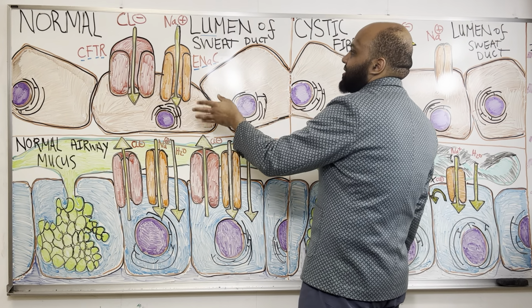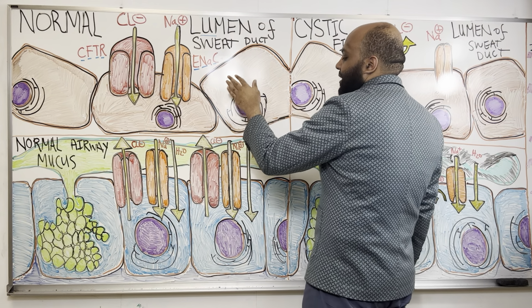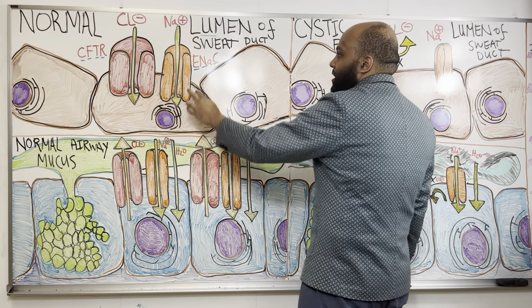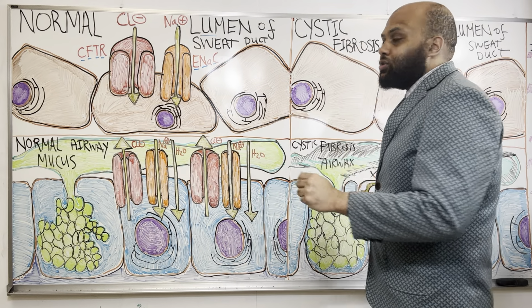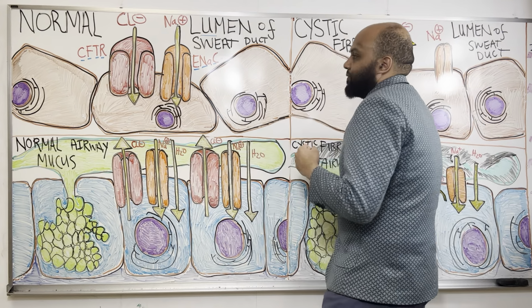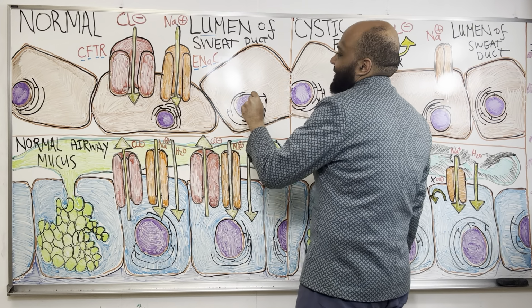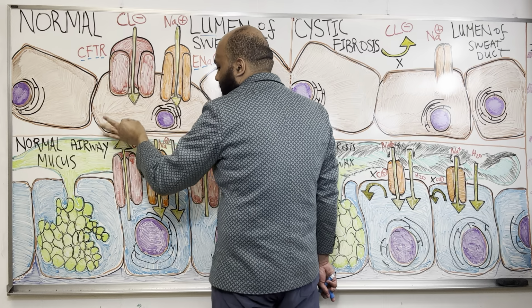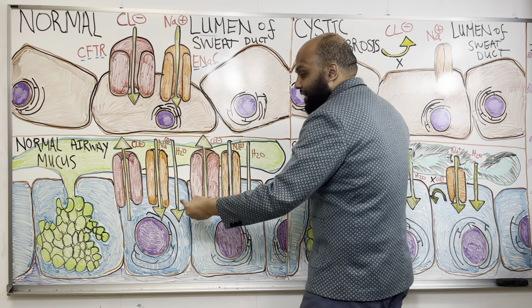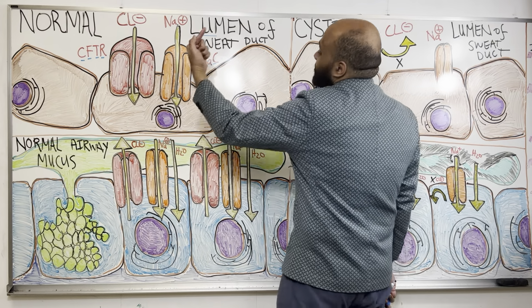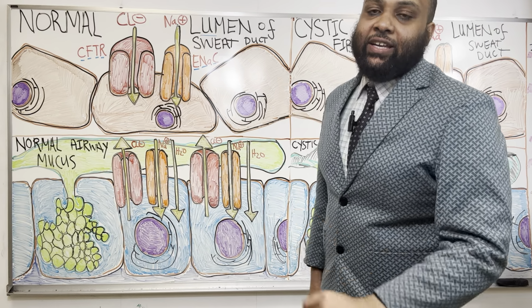So in both cases, the sweat gland and the airways, sodium is getting reabsorbed. Sodium is brought in, absorbed. But the chloride is absorbed inwardly only in the sweat gland, while in the airway, it is thrown out. It is secreted.